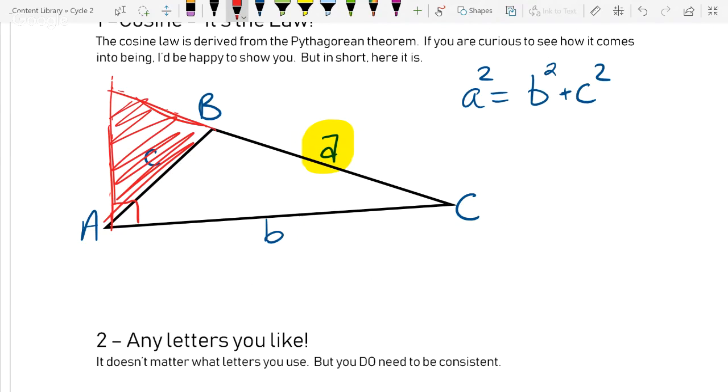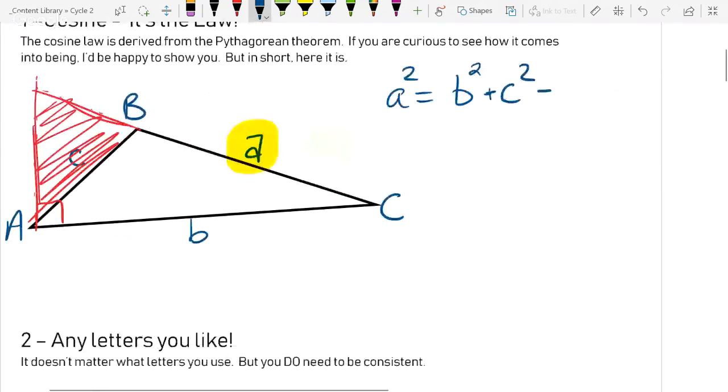So A, in this case, is it longer or shorter than it would be if it were a right angle triangle? Shorter. So we're going to have to remove some of this. B squared plus C squared would make it too big. So we have to remove from it.